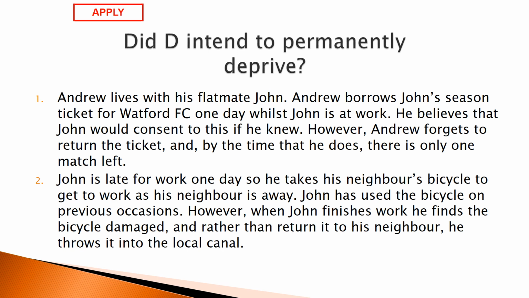Of course, he might be able to claim that he wasn't dishonest because he believes that John would consent. So section 2(1)(b) would contradict dishonesty here, but we could certainly evidence intent to permanently deprive. Having said that, with dishonesty not being made out, he wouldn't be guilty of theft overall. Remember, every single element has to be satisfied.